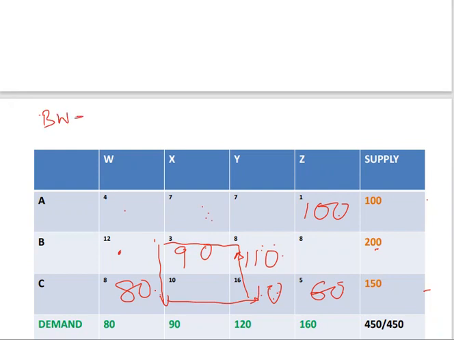BW minus CW, right? Yes, CW plus CY minus BY.